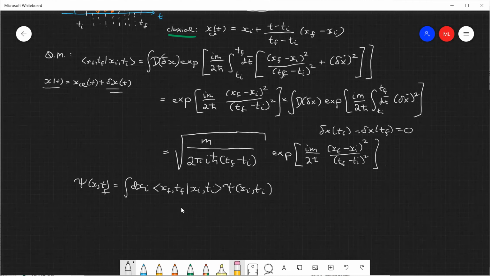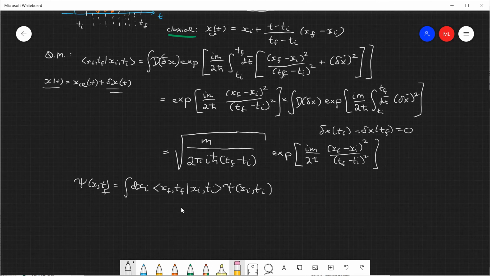You can use it to evolve the wave function. And let's see what happens. Let's see the way in which the classical path starts to contribute the most when we assume, quote unquote, h bar is small.